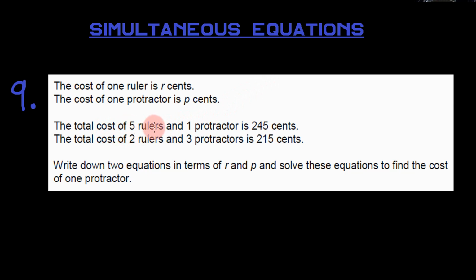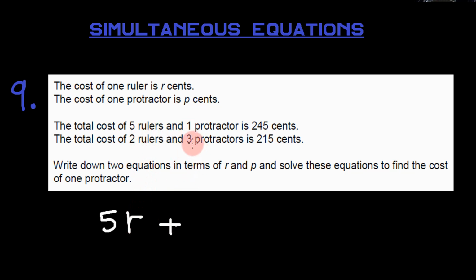The cost of 5 rulers and one protractor is 245 cents. So we want to turn this statement into an equation. So we have 5 rulers. Now each ruler is R cents. So we're going to pay 5R, or 5 times R cents, for 5 rulers.